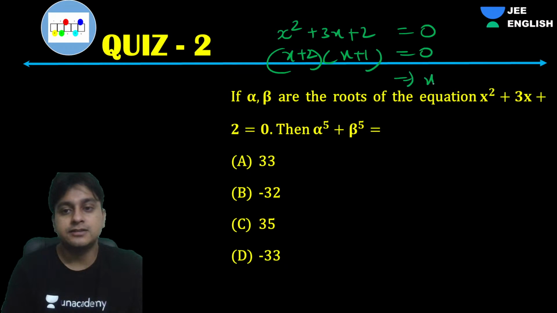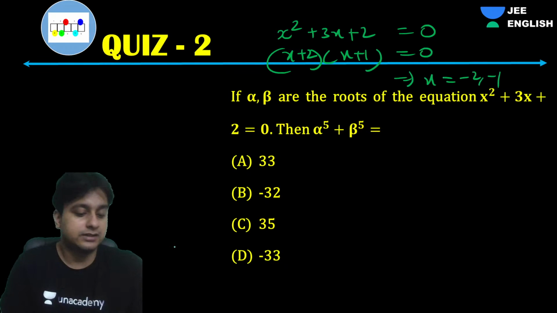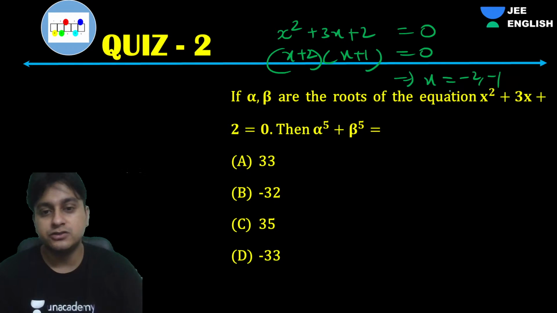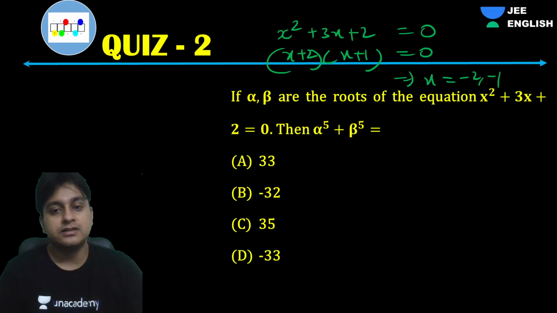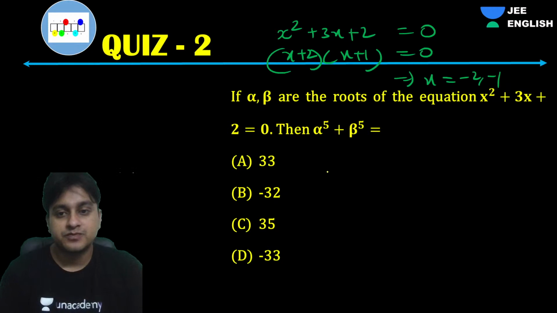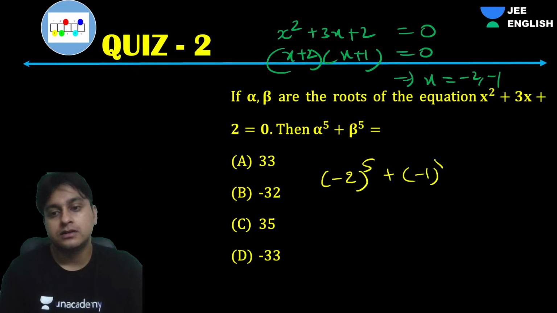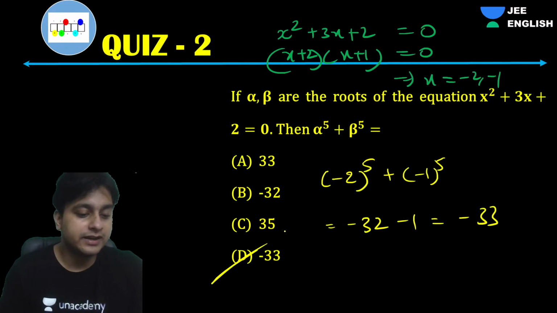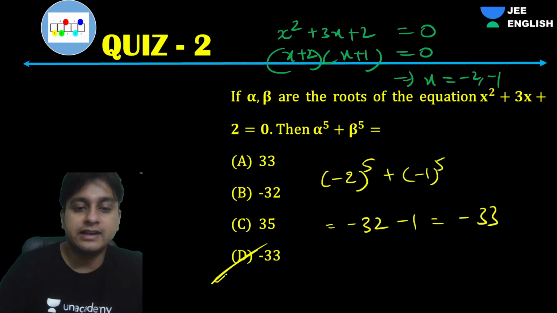We are getting x equals to minus 2 and minus 1. Alpha is minus 2, beta is minus 1. Simple. We'll get minus 2 power 5 plus minus 1 power 5, right? That will be minus 32 and minus 1, that is minus 33. Simple. It was a no brainer actually. We should have simply put in the values and we'd get this.